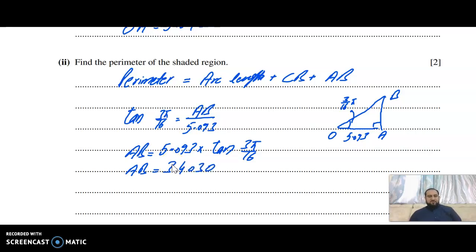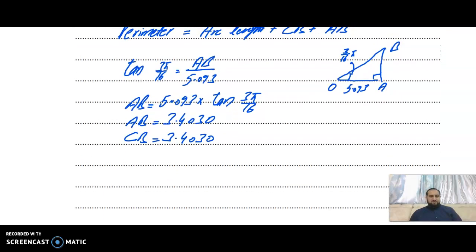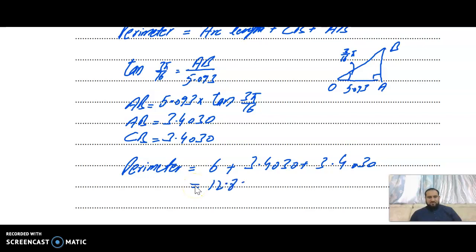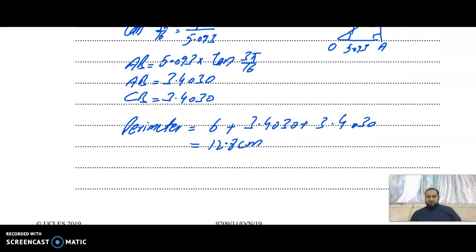Similarly, we know CB is also the same, 3.4030, and then the perimeter will be equal to 6 plus 3.4030 plus 3.4030. Adding them together, this will be equal to 12.8 centimeters. So that was the perimeter.